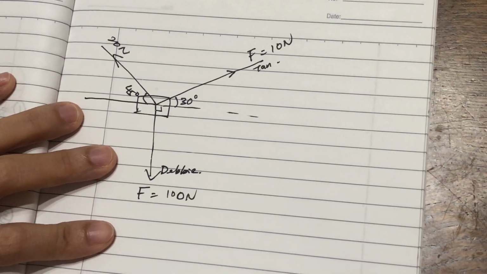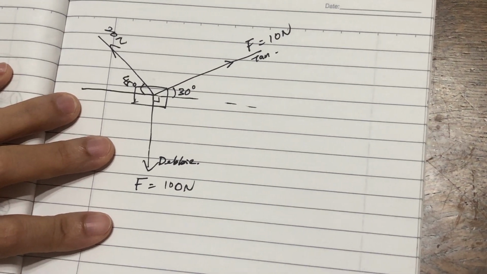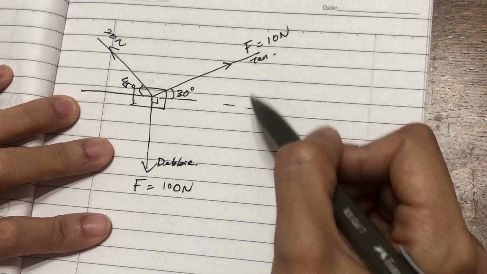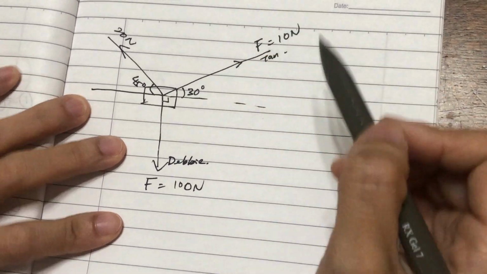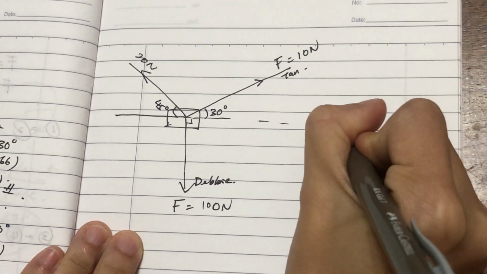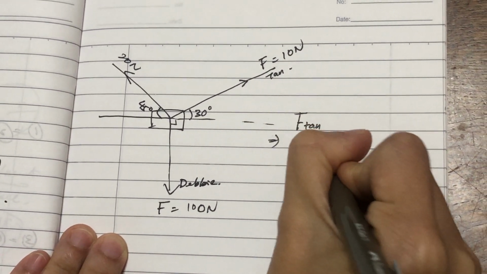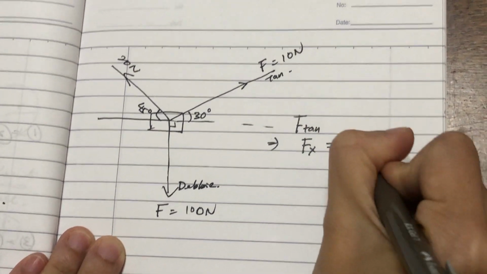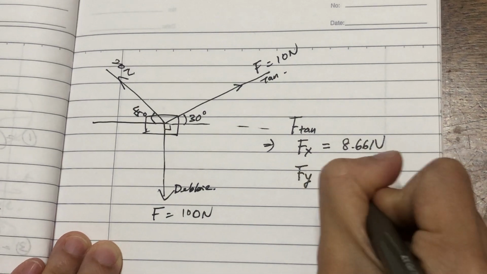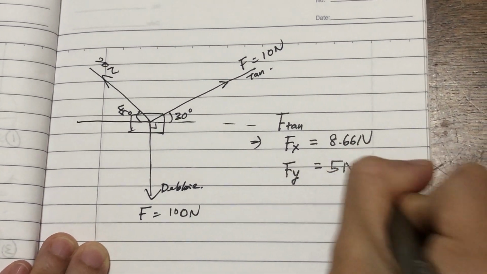Now we have to do the calculation. How to do it? For Tan's force, we make it into x component and y component. We already tried this just now: Fx equals 8.66 Newton, and the y component is 5 Newton.